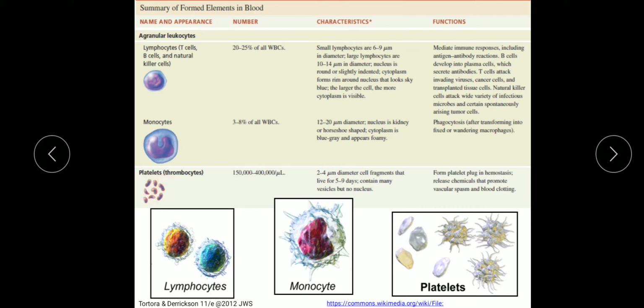These platelets break off from the megakaryocytes in the red bone marrow and then enter the blood circulation. So, what are these megakaryocytes? These are huge cells that splinter into 2000 to 3000 fragments.